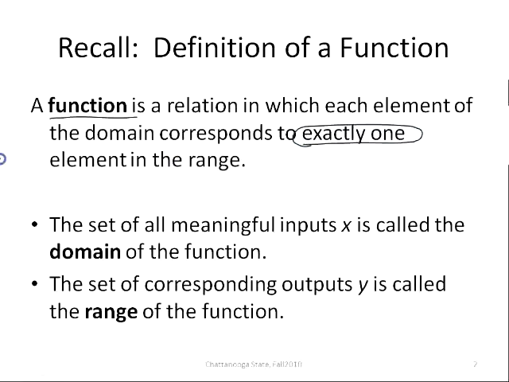When we talk about the domain, we're only talking about the meaningful inputs, or the X numbers. And when we talk about the range, we're talking about the meaningful outputs, or the Y numbers that you can use in the function. So each X goes with exactly one Y. That's what makes it a function.